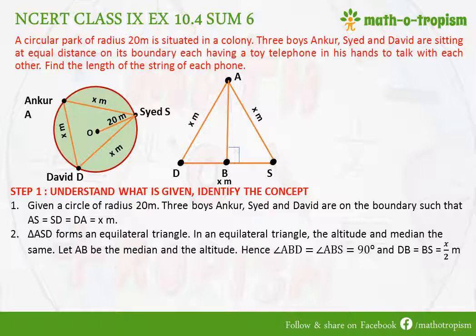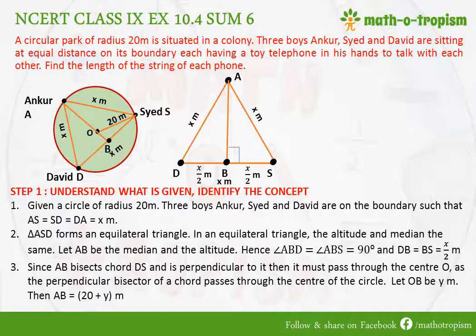So DB is equal to X by 2 meters, and similarly BS is also X by 2 meters. Now we know that AB is the perpendicular bisector of DS. Going back to the figure in the circle, DS is the chord and AB is its perpendicular bisector.